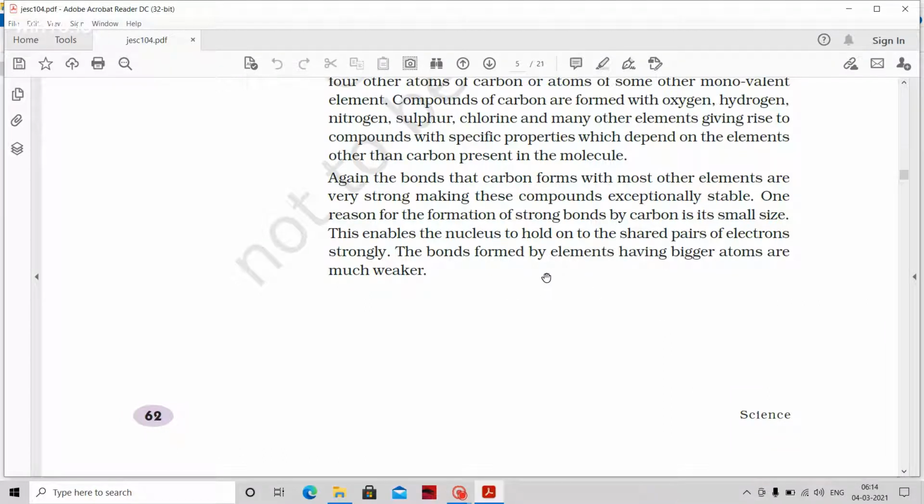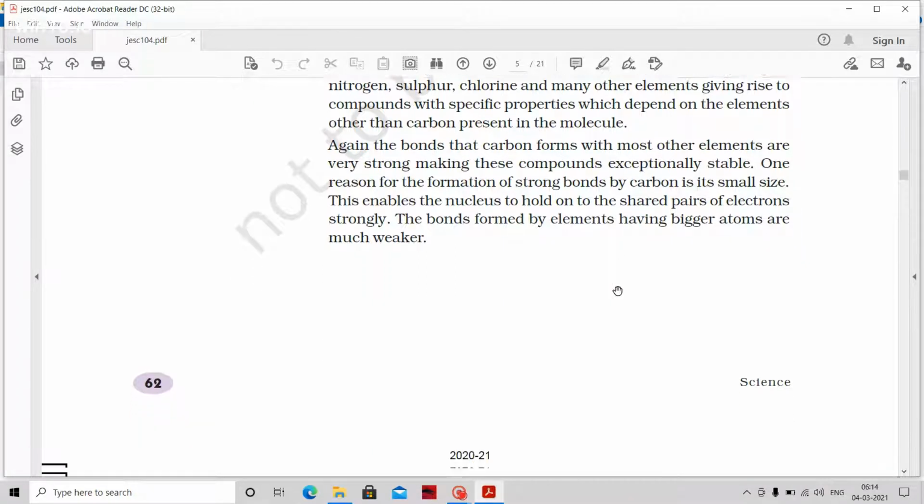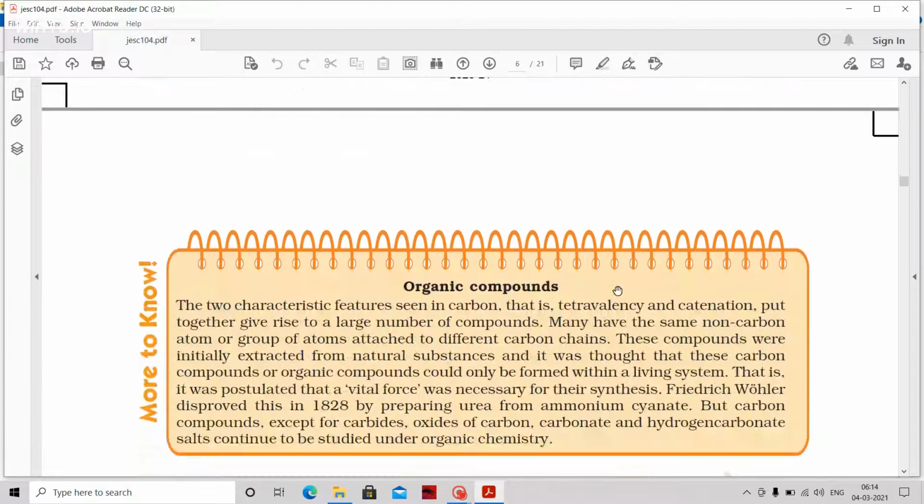The bonds formed by elements having bigger atoms are much weaker, because the atom size is bigger and the nucleus is a little away from the bonded pair of electrons, so the holding nature of the nucleus is lesser. This is the way carbon shows versatile behavior.